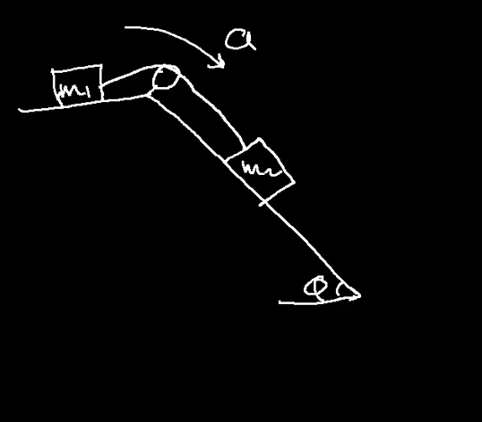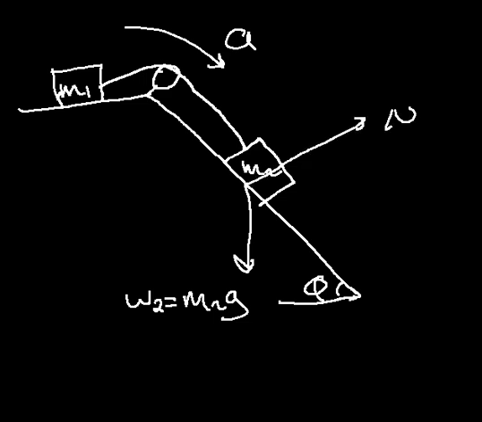Now for this case, we have to analyze the forces acting on the object on the inclined plane. We have its weight, which is given as W2, since this is object 2, equal to mass 2 times acceleration due to gravity. And we'll have its normal force, N2.